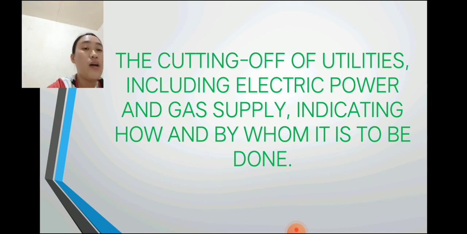So here, if a building or a room is on fire, the electric power should be turned off and the gas supply removed so that the fire will not grow bigger or start.